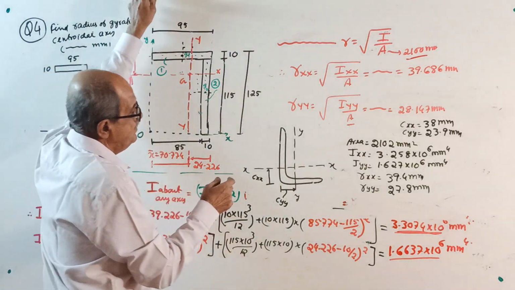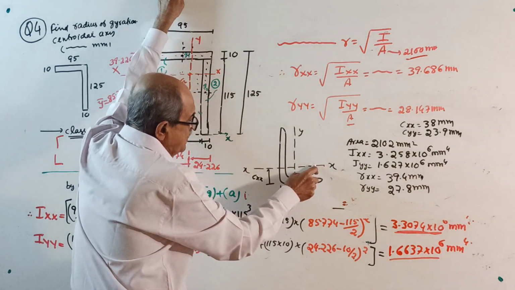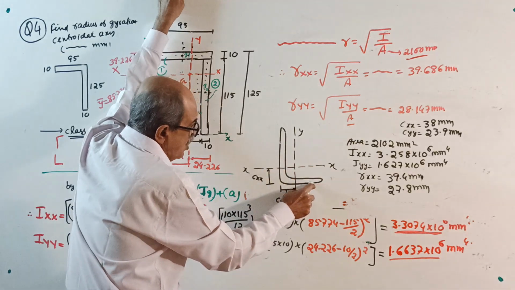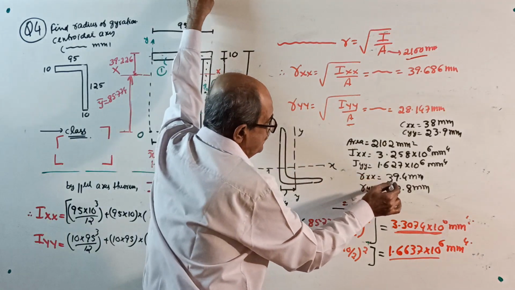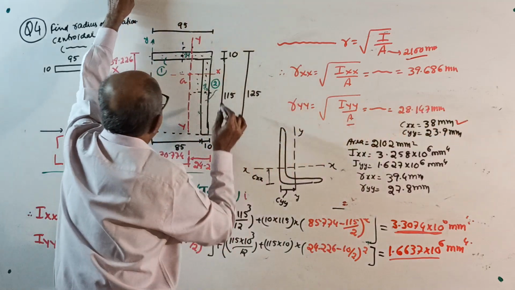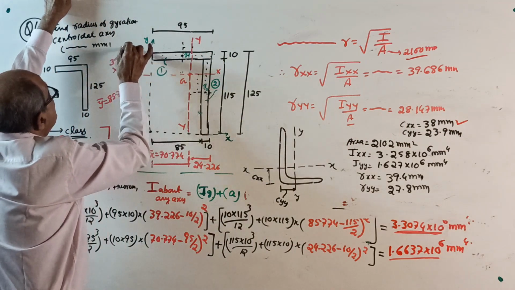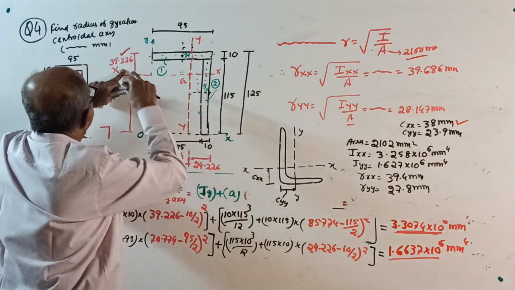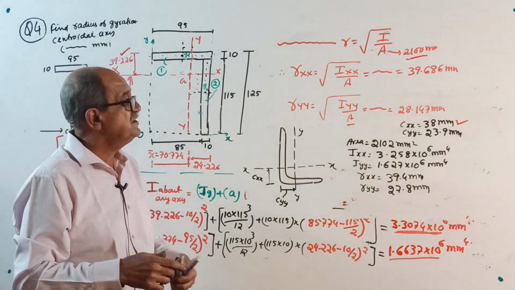Okay. Now see here. They told distance of centroid from this shorter leg here, CXX, is 38 millimeter. See, from the shorter leg here, centroid. Oh, correct. 38, 39. Little difference is there. Helpless. That is because of variation.